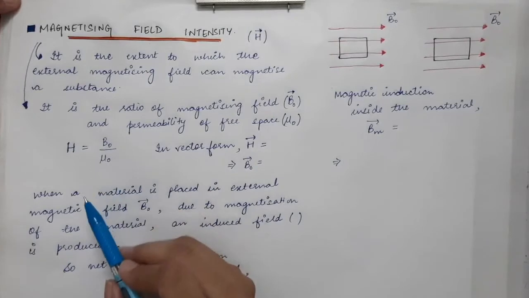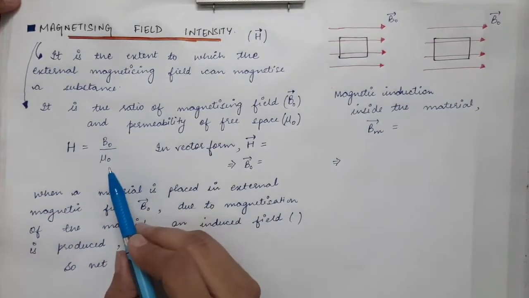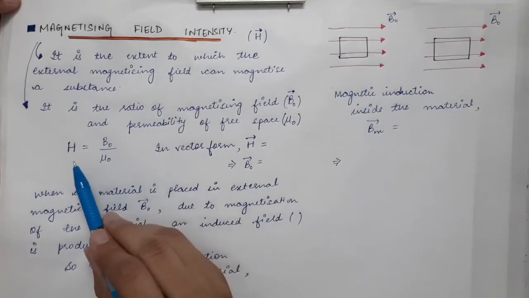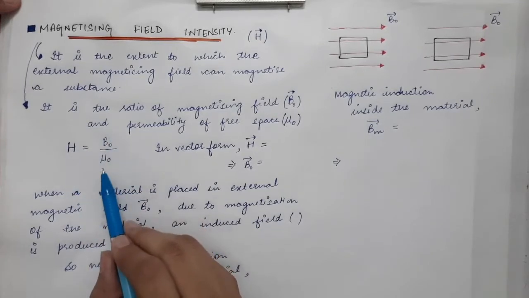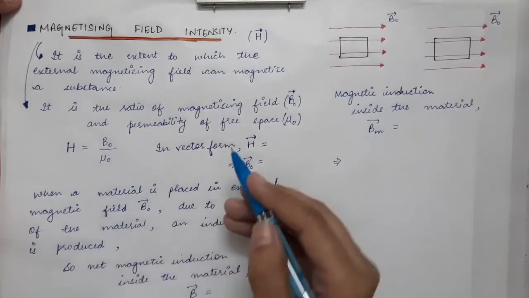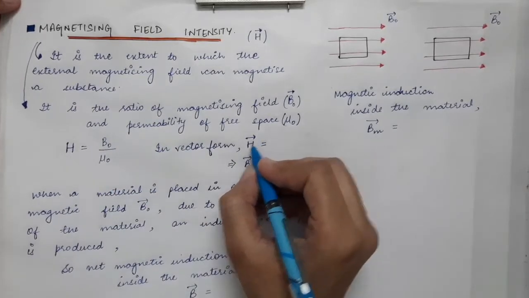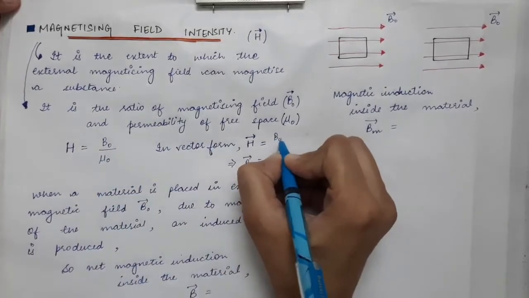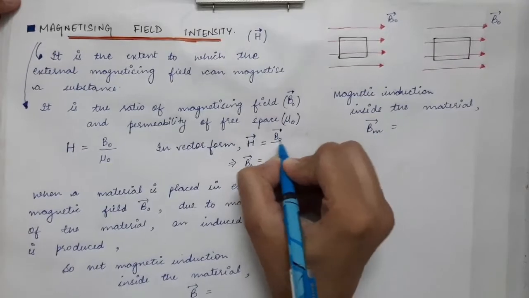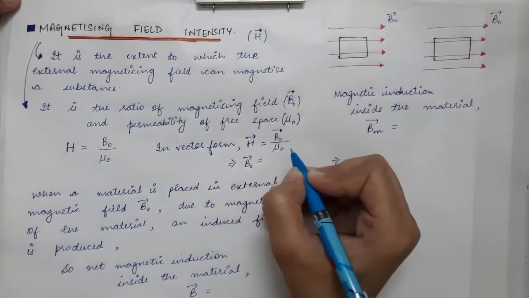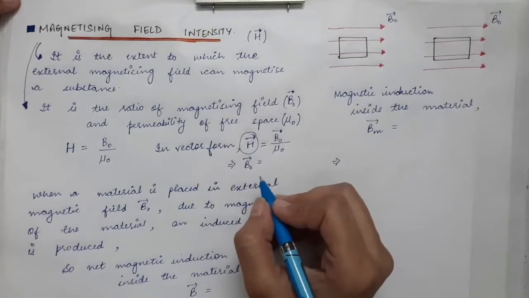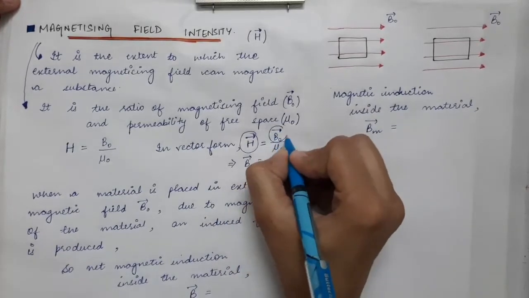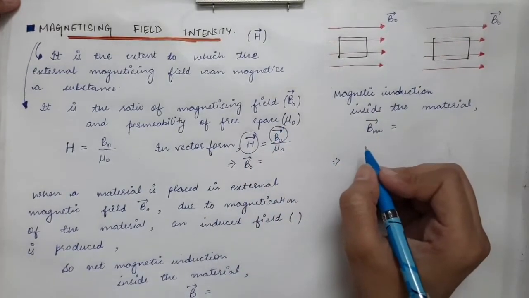So this is in magnitude form. Now if we write this equation in vector form, H vector is equal to B naught vector divided by mu naught. So this is the magnetizing field intensity, and this is the magnetizing field or the magnetic field.